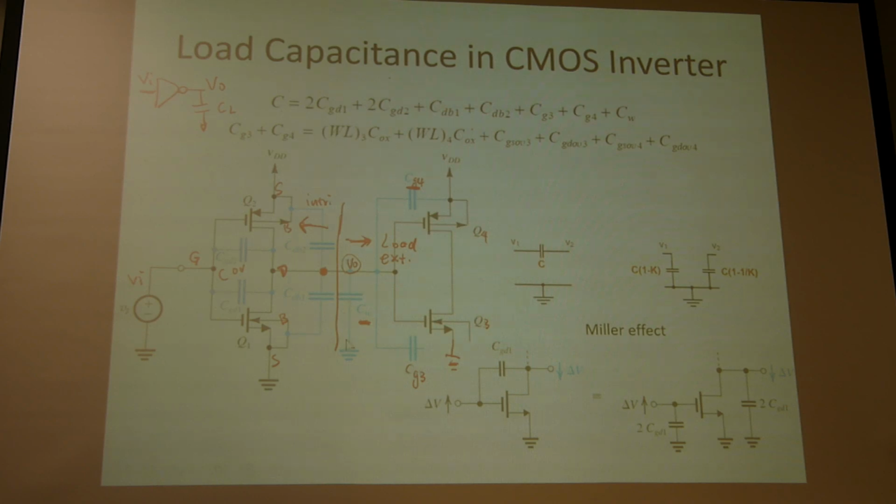But you need to understand the contribution to this CL is coming from the second stage, which is an external, extrinsic node, and also it's coming from the first stage, that is intrinsic to this output node. So I will skip the details of how to add them up. So any questions? So those capacitance become your load.